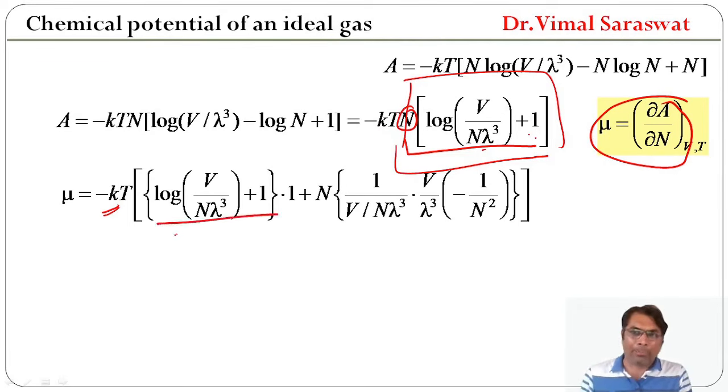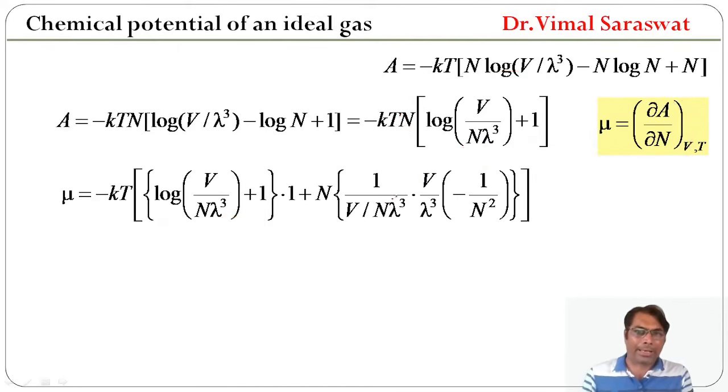So log V upon N lambda cube plus 1 into 1. Now second time, this is constant, so N as it is. We differentiate log V upon N lambda cube plus 1 with respect to N.